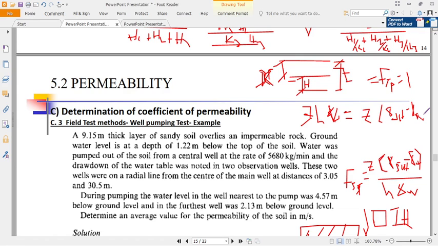So this 3 is the factor of safety. Our factor of safety is 3. We have chosen 3. So we have 3 times the uplift force, which for equilibrium should be equal to Z times Z, which is the effective stress.